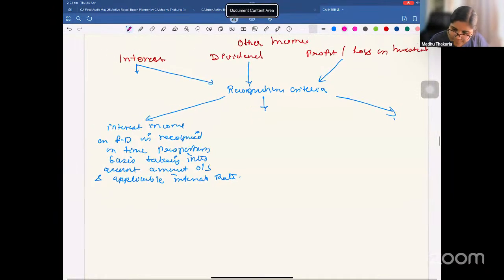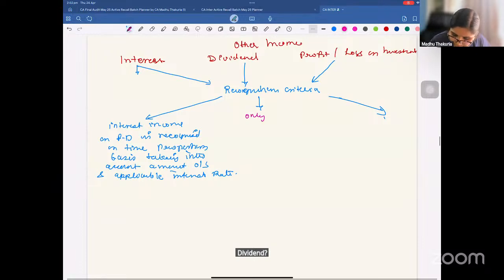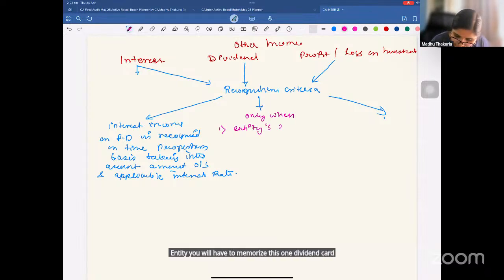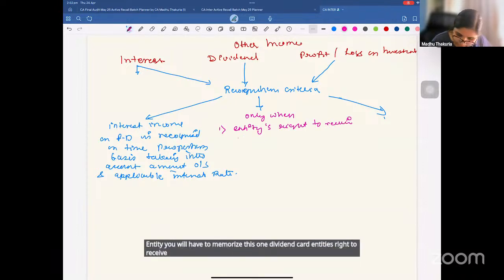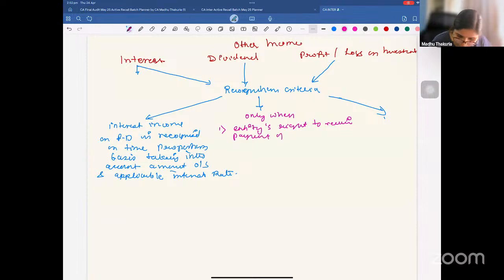Dividend: you will have to memorize this one. Dividend is recognized only when the entity's right to receive payment of dividend is established.